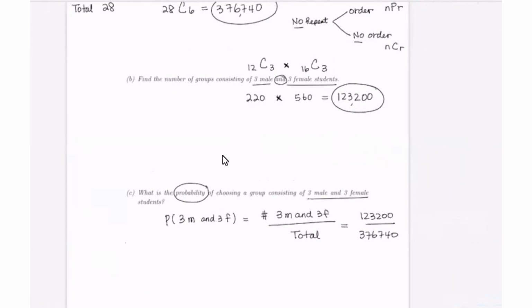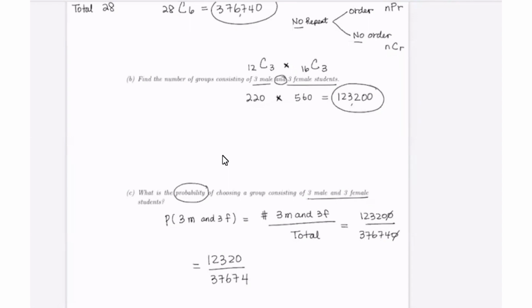Okay, and then is this reducible? Let's see. Maybe not. We'll just take the zeros away. So that is 12,320 over 37,674. Maybe you can reduce, just divide by 2 because it's an even number.